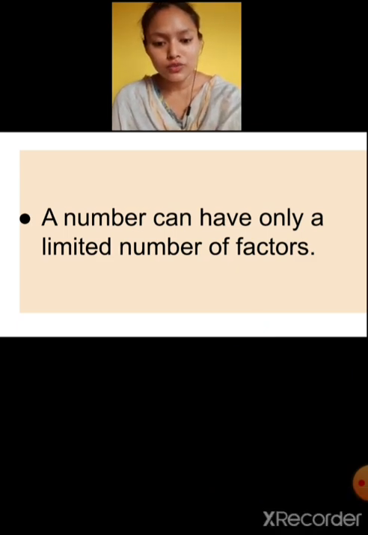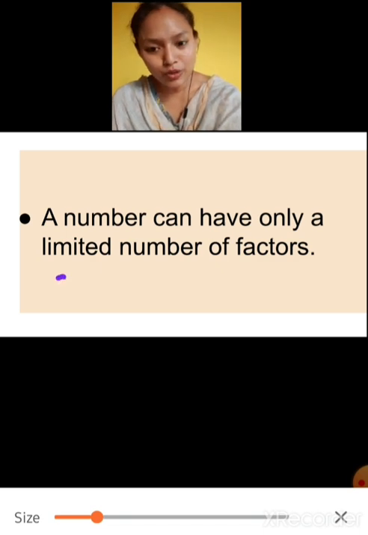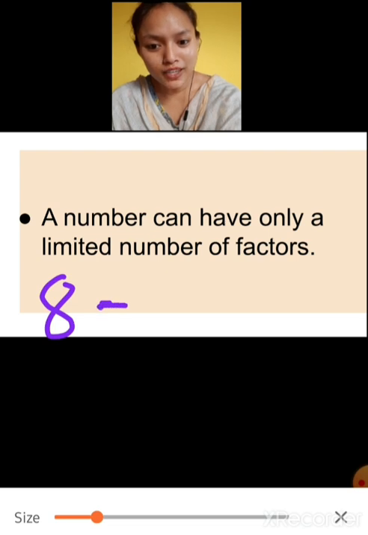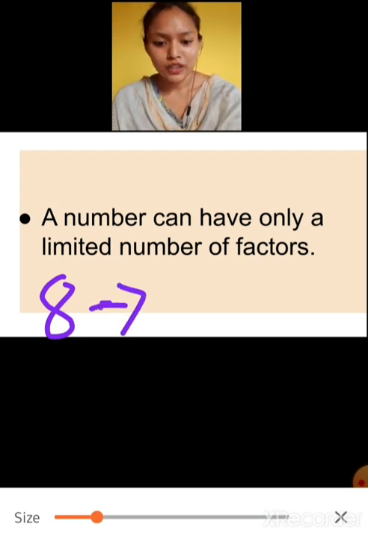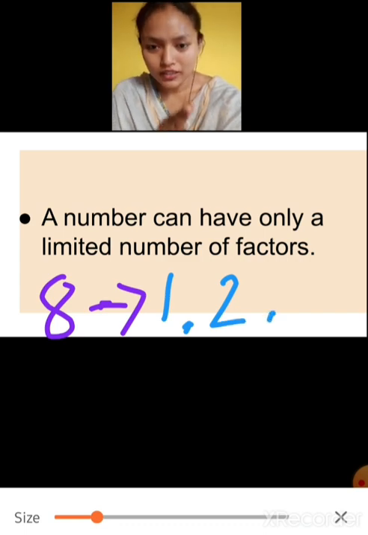Now just do this one yourself. How many factors of 8 are possible? Pause your video and do it fast, then check the answer. Okay, hope you have done. How many factors are there? Just check it. 1, 2, then 3. Does 8 come in table of 3?